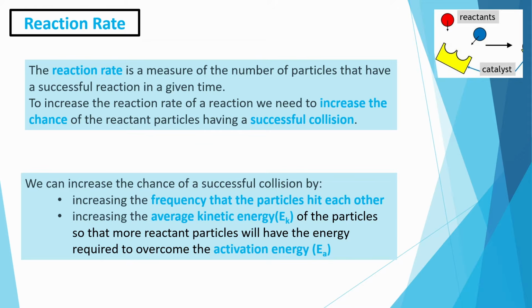Now, if I did want to increase the number of students who had bleeding noses from these collisions, the two things I could do are increase the frequency of the collisions, making it more likely that the students would collide, and increase the energy with which they collide, so make them collide at a more energetic rate.